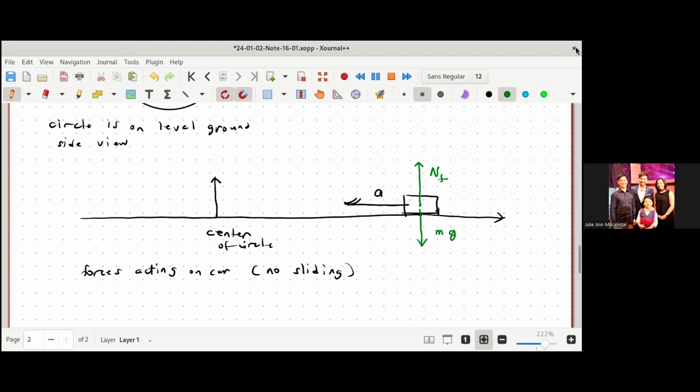Aside from this, what other forces? Friction. Friction points in what direction? Opposite of the acceleration. Wait, the net force has to be in the same direction as the acceleration. If the friction points this way, why is the acceleration here?